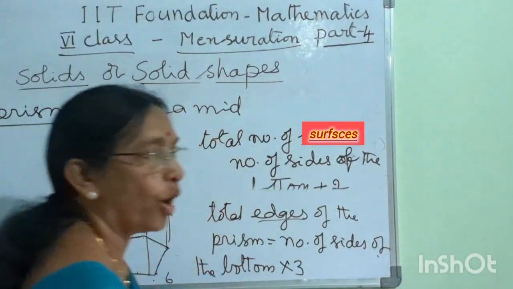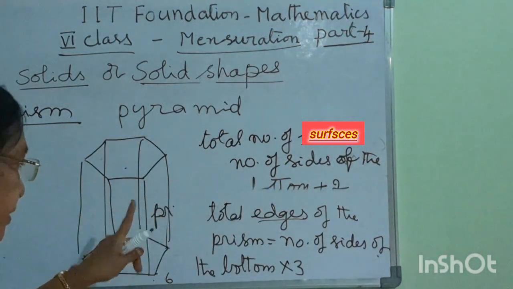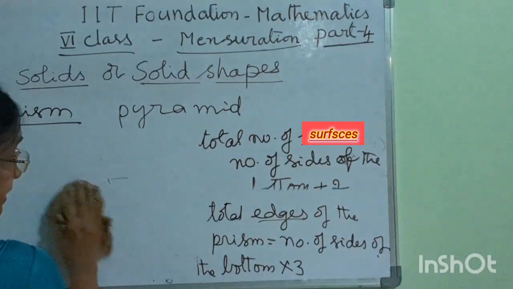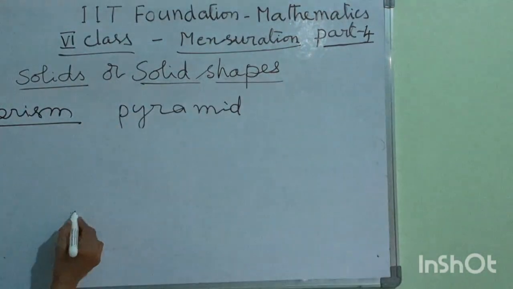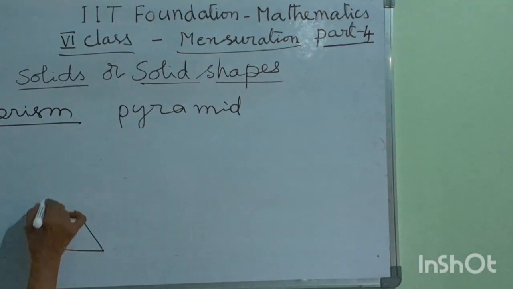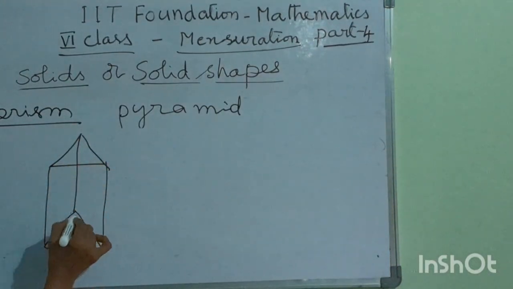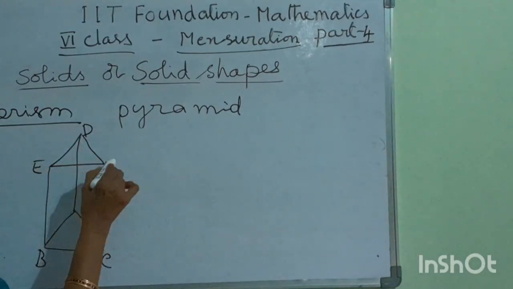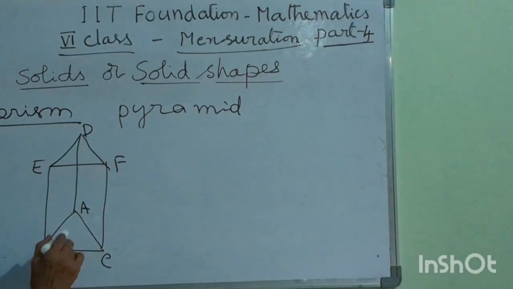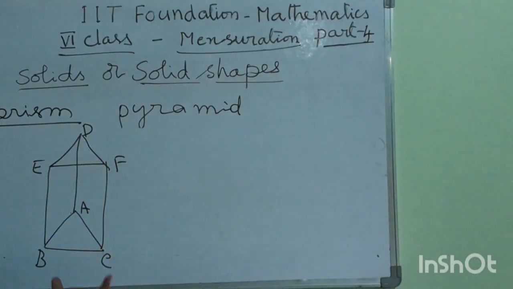So now let us see how many sides, vertices and edges there are for a triangular prism. Consider a triangular prism. Let us name it A, B, C, D, E, F. This is a prism.